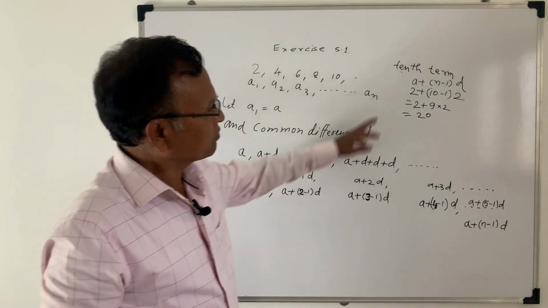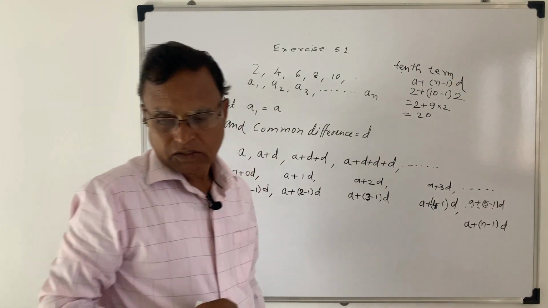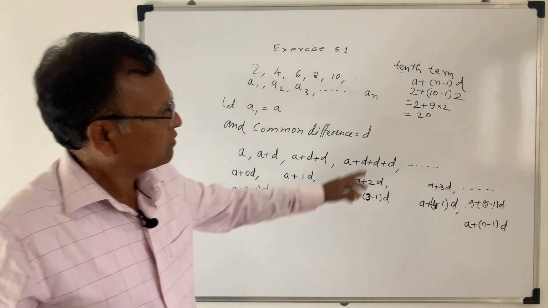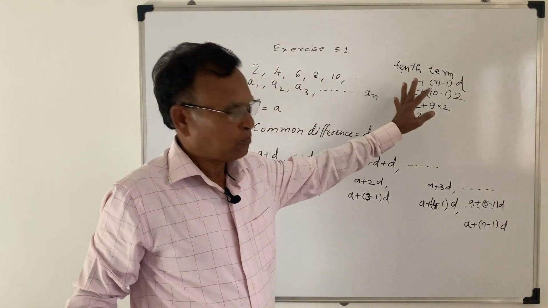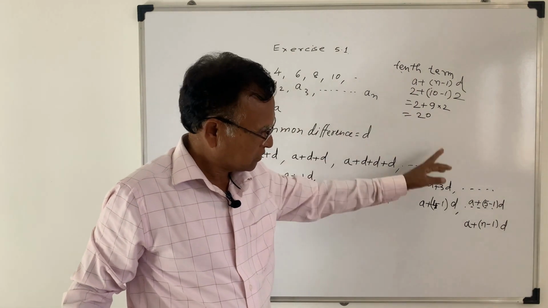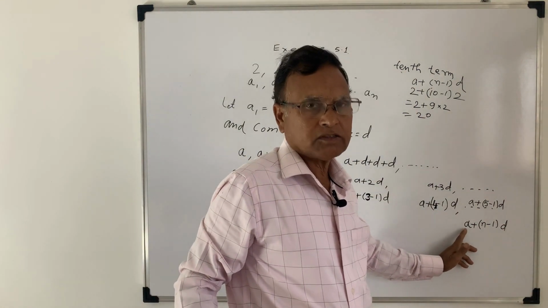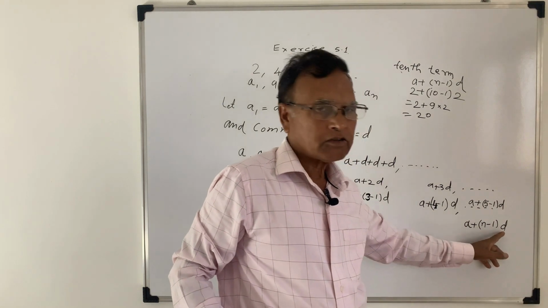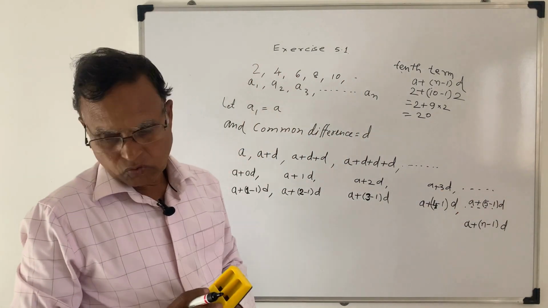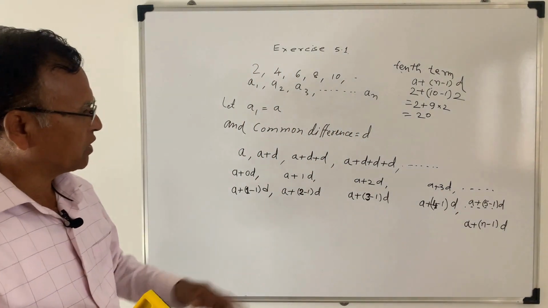So 10th term will be 20. Any term you can find out by putting the value of n, by putting the value of a, and by knowing the common difference you can write any term.